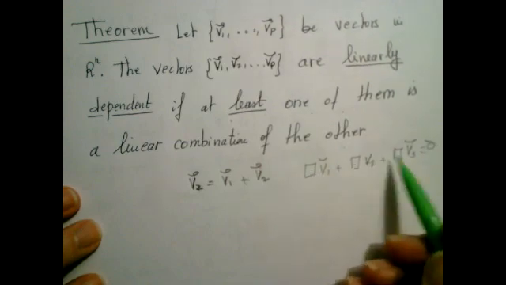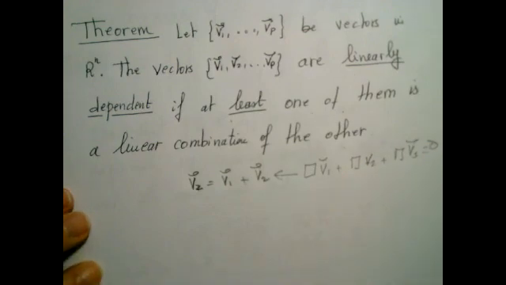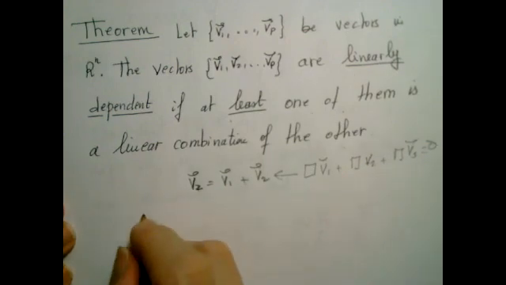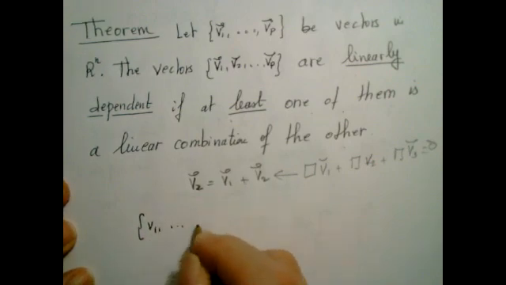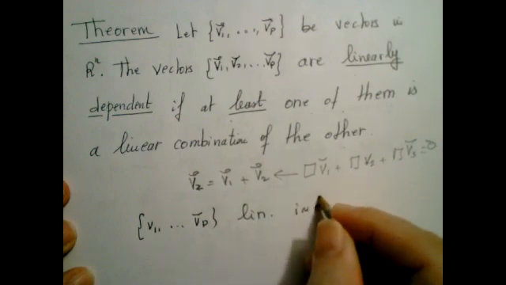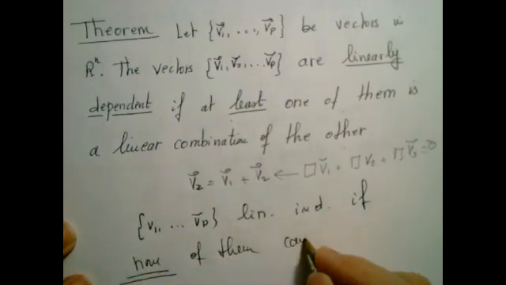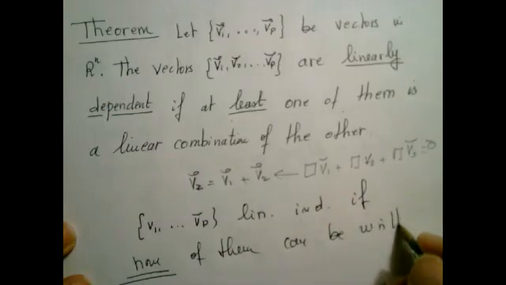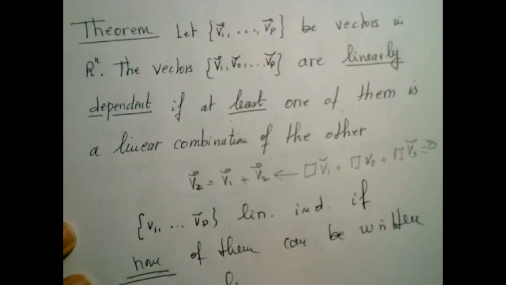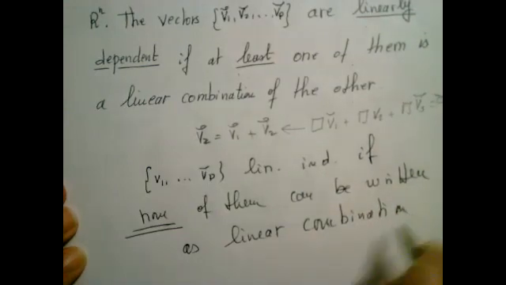And if I can find a non-zero solution, I can move backward and solve for one in terms of the others. And the vectors are linearly independent if none of them can be written as a linear combination of the other vectors.